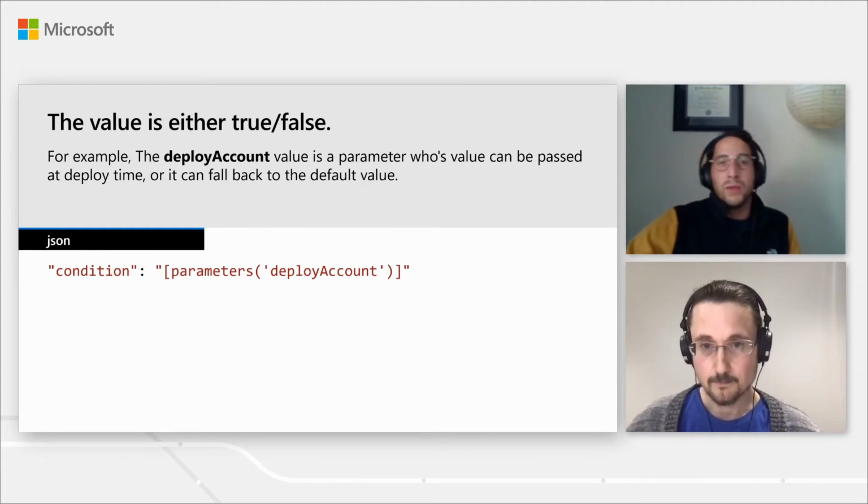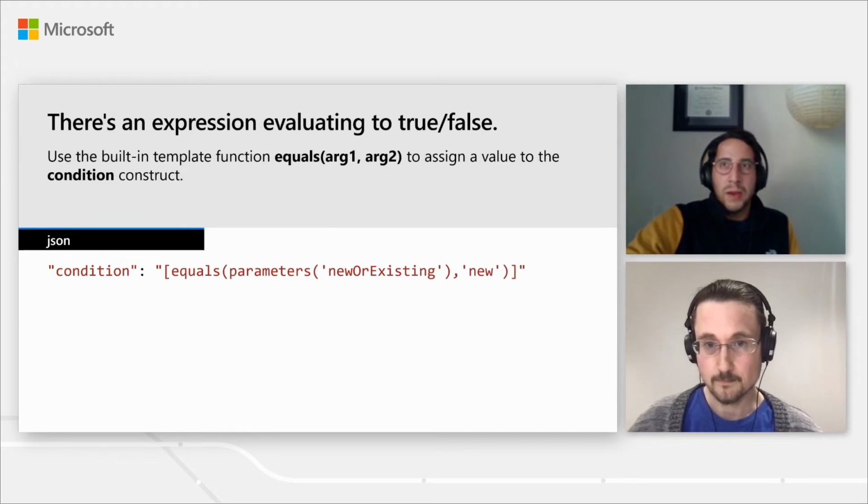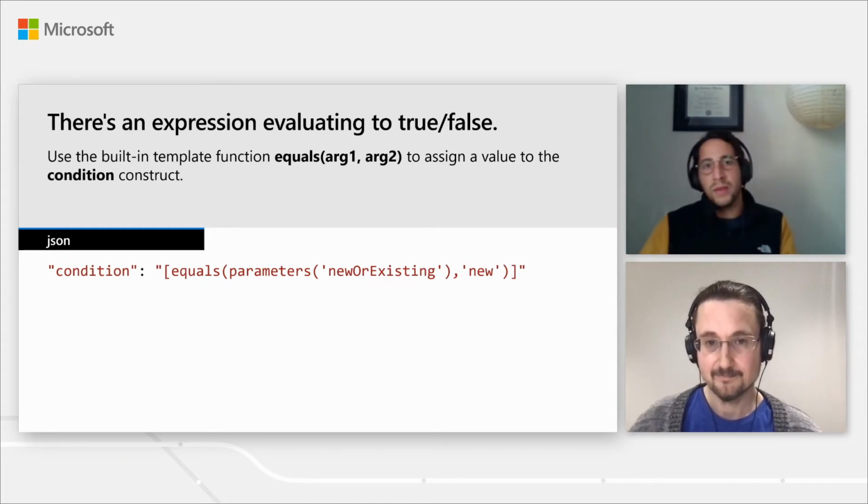But if we want to pass in false for deploy account, meaning we don't want to deploy that specific account, it can be a storage account or any other resource, then that's a parameter that I would pass in as I'm submitting the deployment. And the expression evaluation, as we talked about, makes use of a function called the equals function, where it takes in two arguments and makes a comparison to a custom value that you provide, in this case, new.